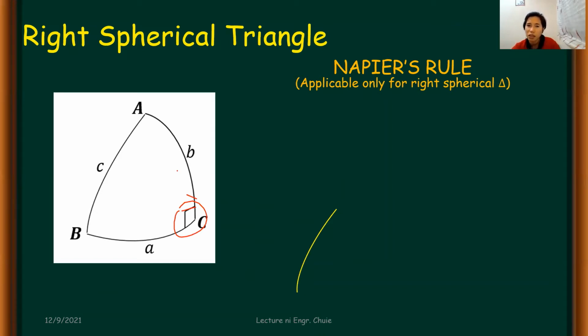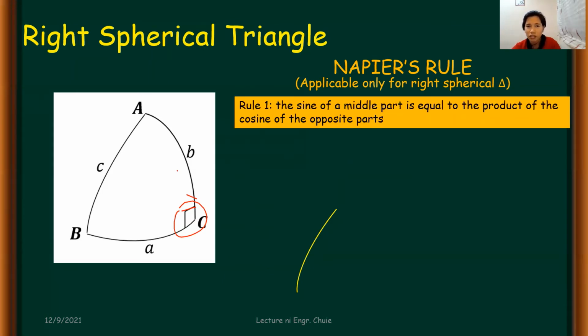Since hindi na natin magagamit yung distance formula, and we cannot use the Pythagorean theorem in spherical triangle, since hindi plane yung ating triangle and hindi straight line yung ating mga sides ng triangle, kundi naka-arc. Okay, so we have the Napier's rule. We have 2 rules to follow in order to compute the unknown portion of the spherical triangle.